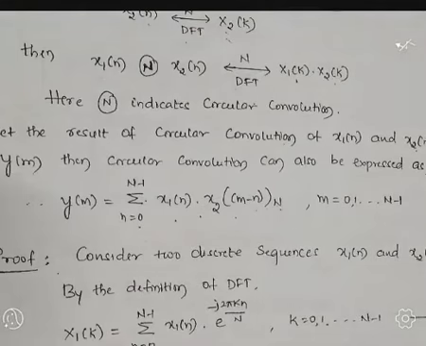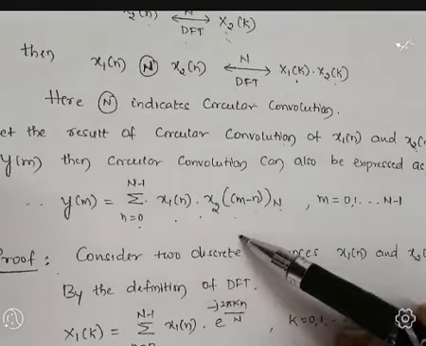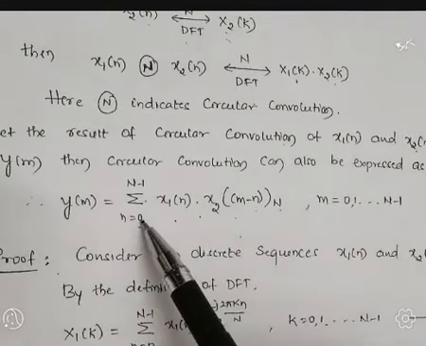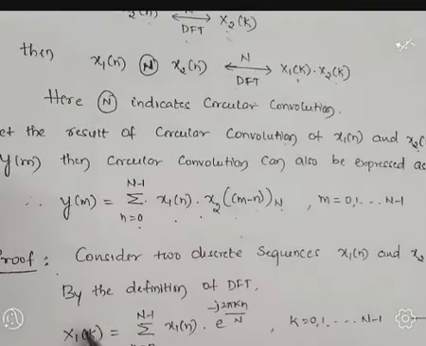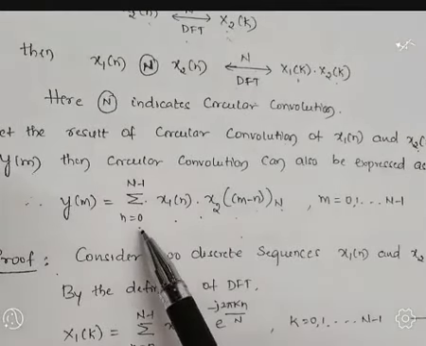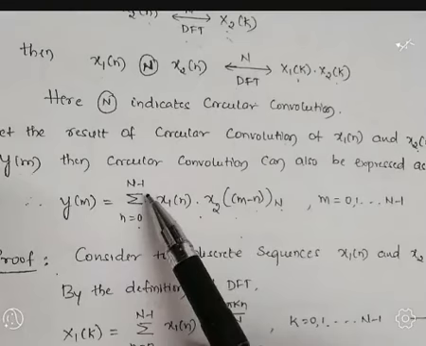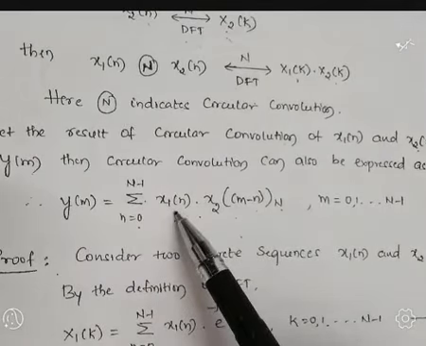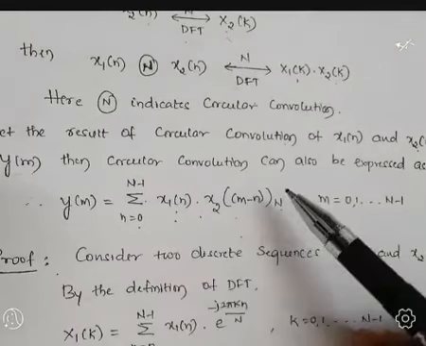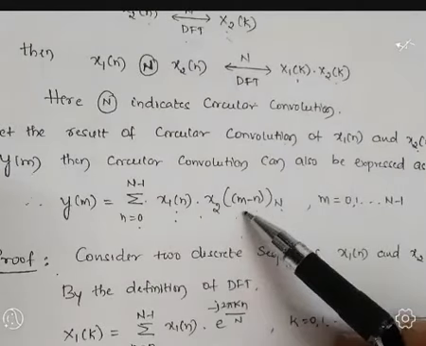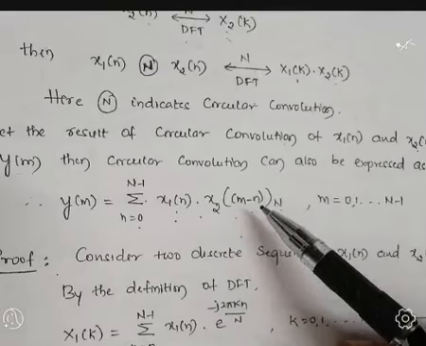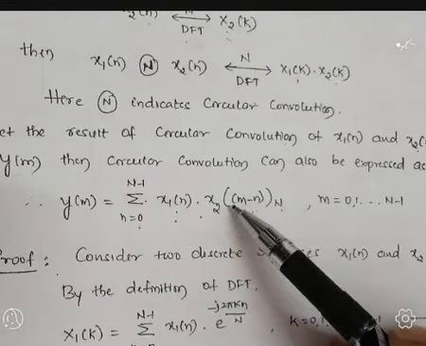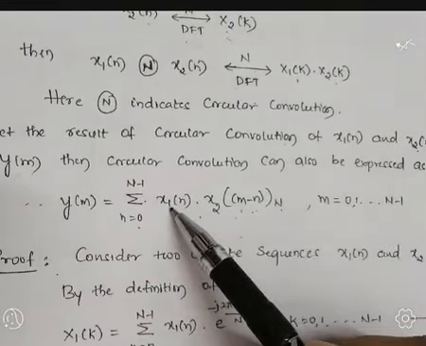From this equation, we can say that we have to perform a total of N calculations, because the index varies from n equal to 0 to N minus 1. For each operation, the first sequence x1 of n we keep constant, and the second sequence x2 of n keeps on shifting. After each shift, we multiply the shifted second sequence with the constant first sequence.